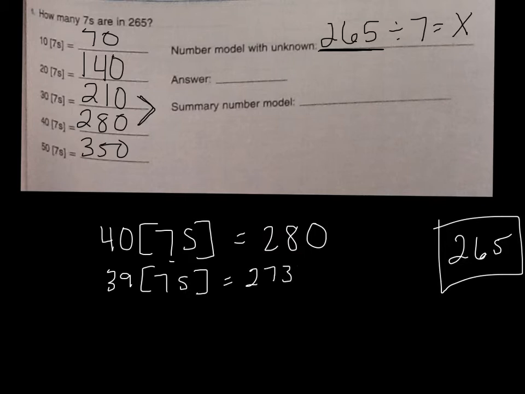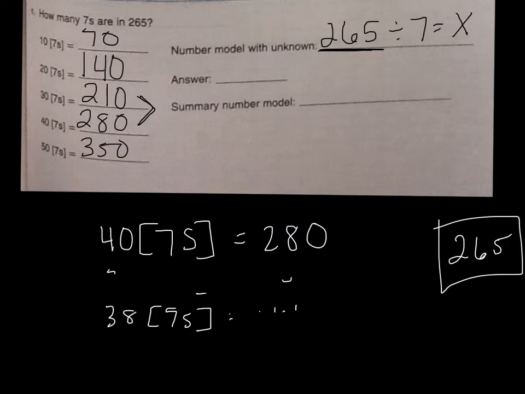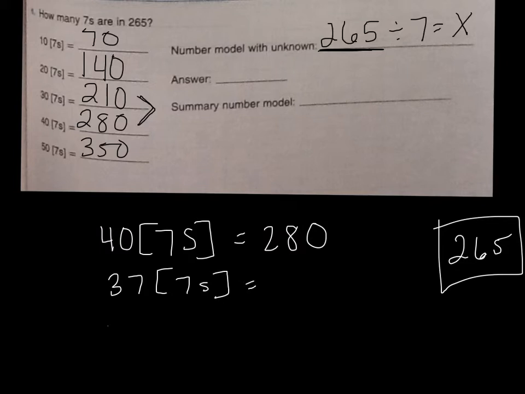Let's subtract another group, so 38 groups of 7s equals 266. Well, we'll go one lower. I'm going to erase this. So we're going to be at 260. 37 groups of 7 equals 259.